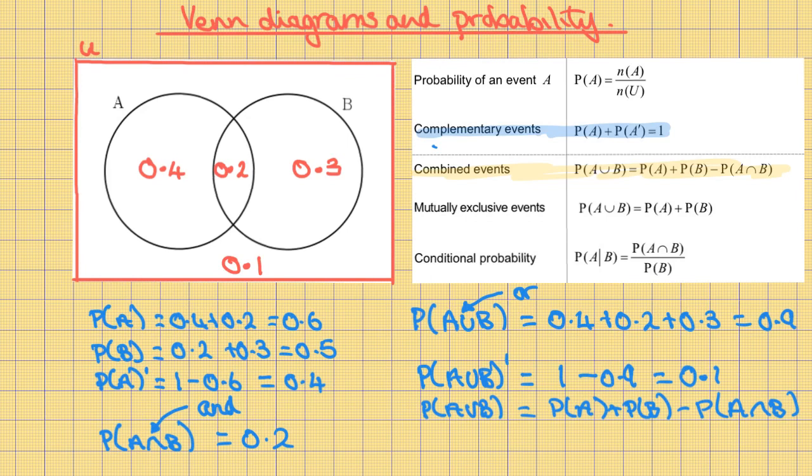Well, if you take a closer look, the probability of A, everything there, and the probability of B, intersection there, if you add both of those together, the intersection here is counted twice. So that is why the probability of A union B is equal to the probability of A plus the probability of B minus the probability of A intersection B.